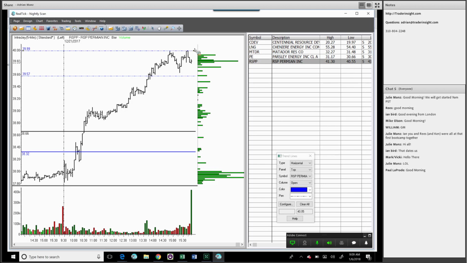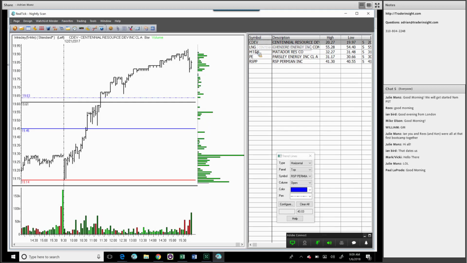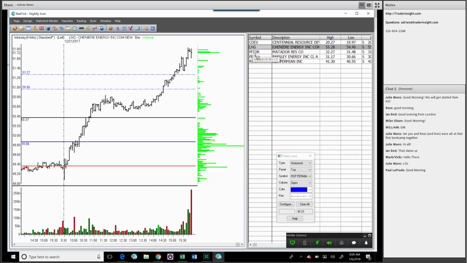That gets me in. And then in terms of what I'm targeting, my first target is going to be at or around a pivot line. I always want to be just a little bit shy of a pivot line, so I get taken out on the way to the pivot as opposed to waiting for the pivot to hit. But in each of these cases, I'm not setting those targets as hard targets until the next morning.